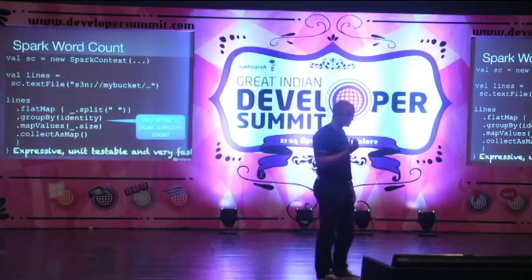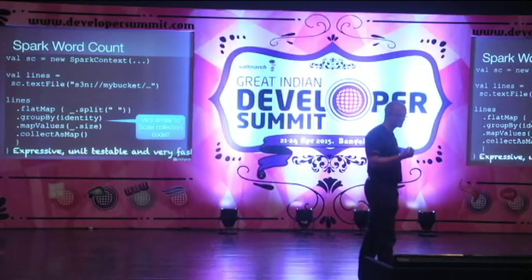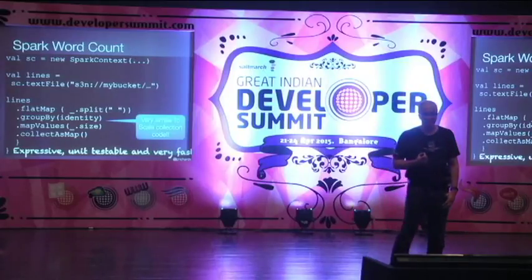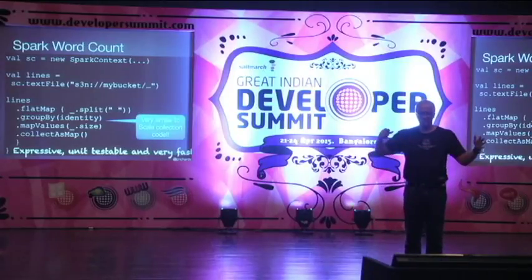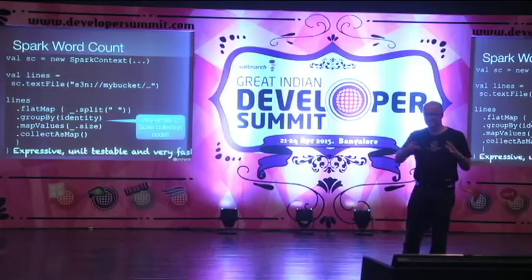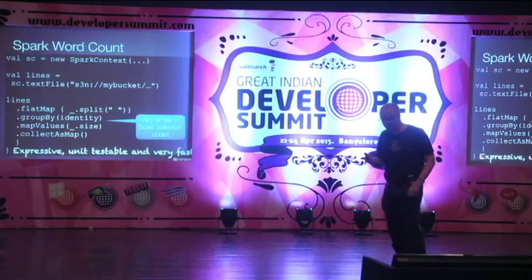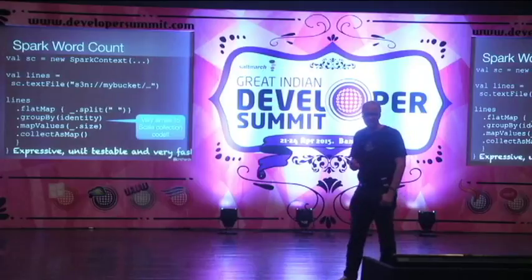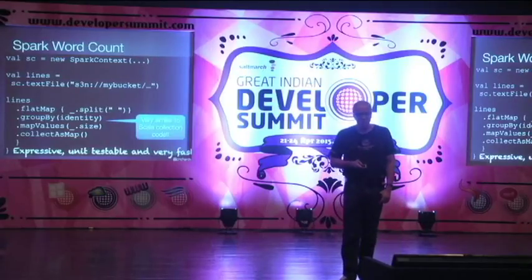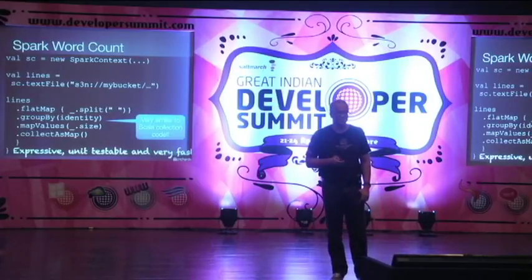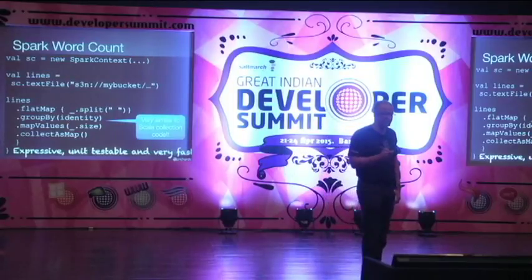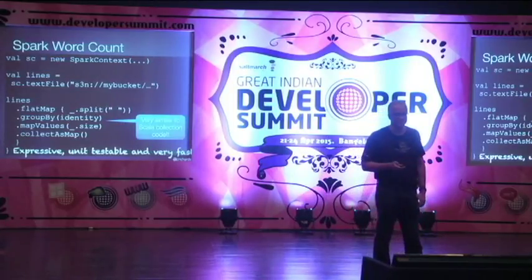And so you've got this incredibly expressive way of writing algorithms that is very, very concise, unlike the traditional Hadoop MapReduce algorithms. And what's more, it's actually unit testable as well. So it's a much better development experience.